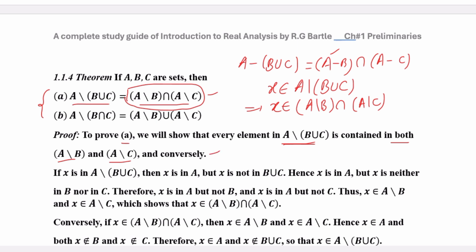And conversely, if x is an element of this part, what does this part show? This part shows the complement of B union C relative to A. This is the difference A minus (B union C).